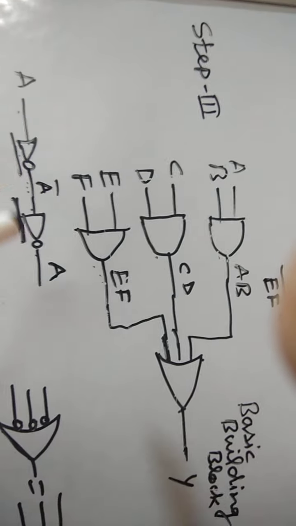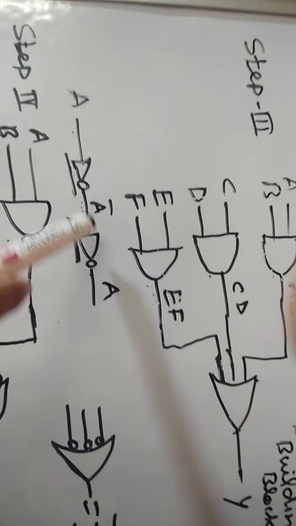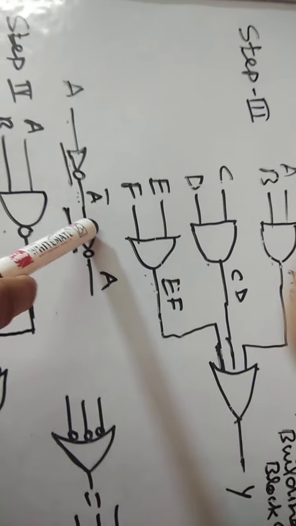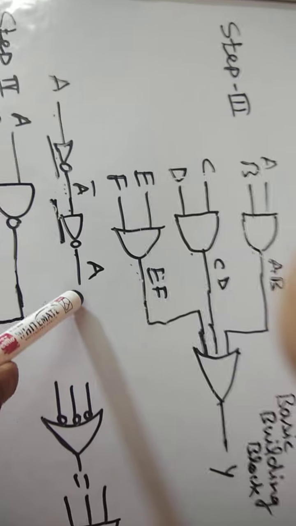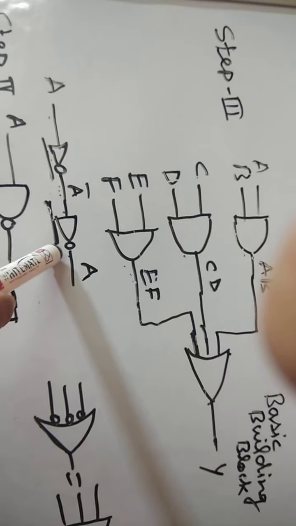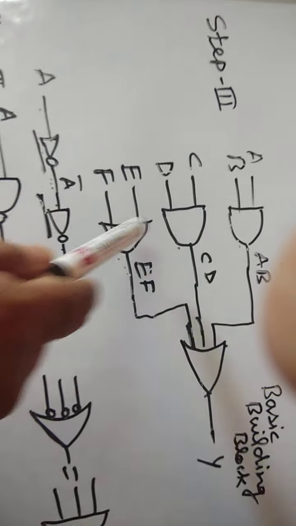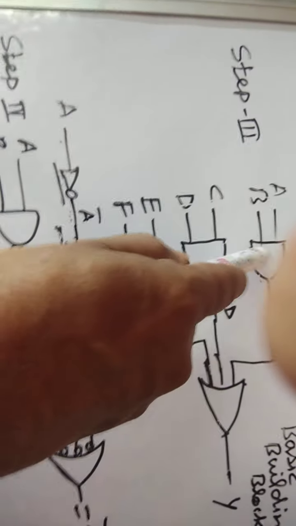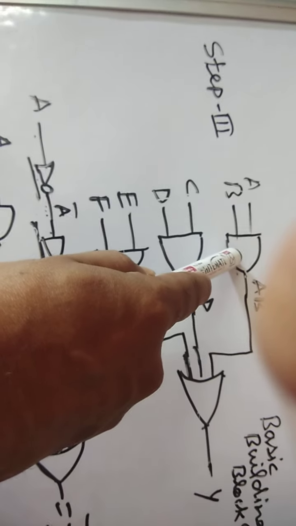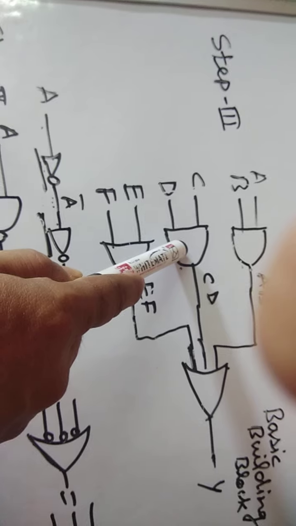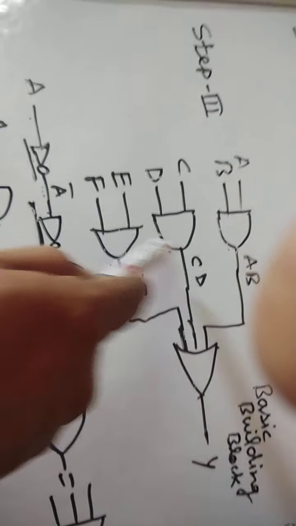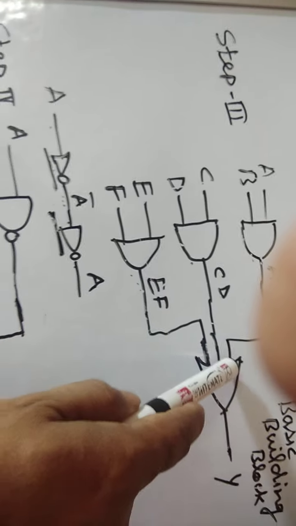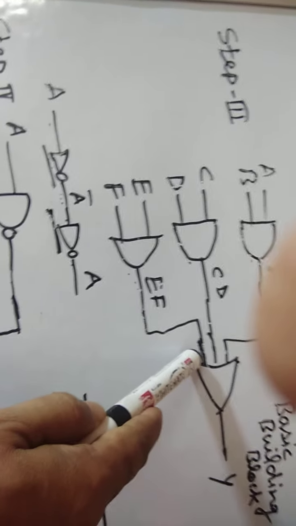We know that if an inverter is placed in front of A, we find A bar, and if we apply a second inverter, we find A again. It means that with two consecutive inverters there is no change. We apply the first bubble, second bubble and third bubble at the AND gate outputs, and for the compensation we apply the first bubble, second bubble and third bubble at the OR gate inputs.